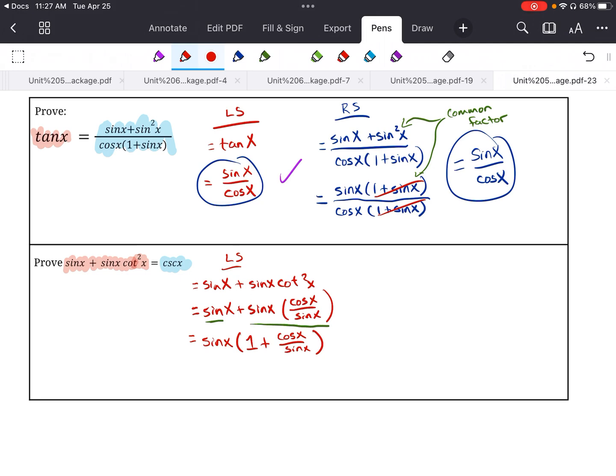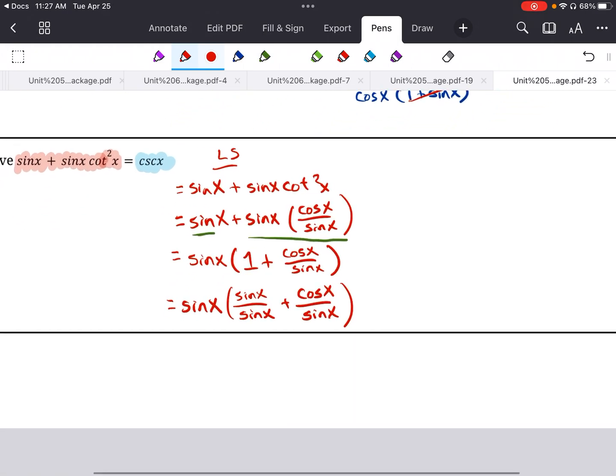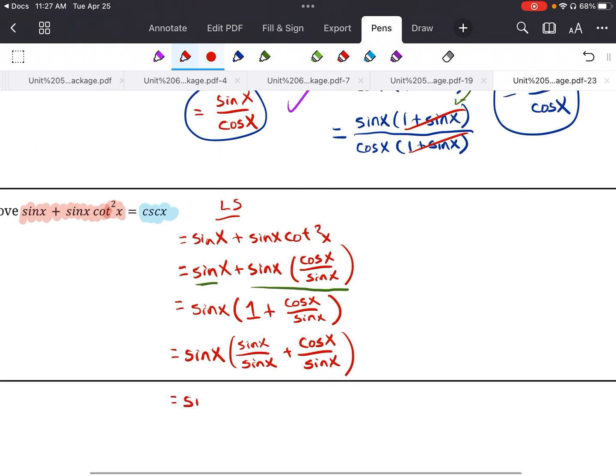We know that 1 is really 1 over 1 when we're adding fractions. We're going to get sine x over sine x plus cos x over sine x. Okay, let's add those fractions. And we get sine x plus cos x over sine x.